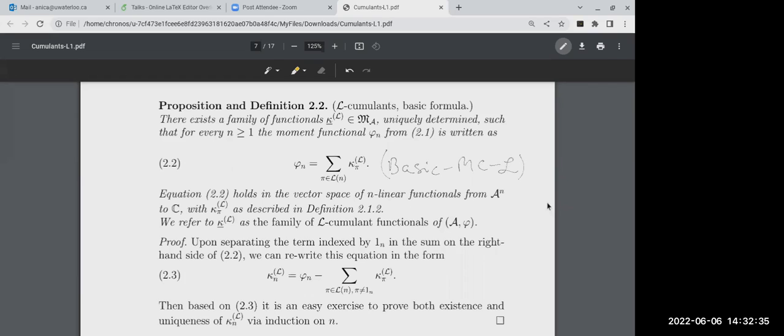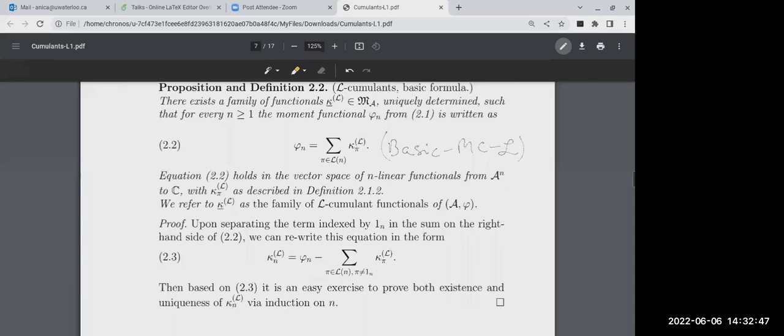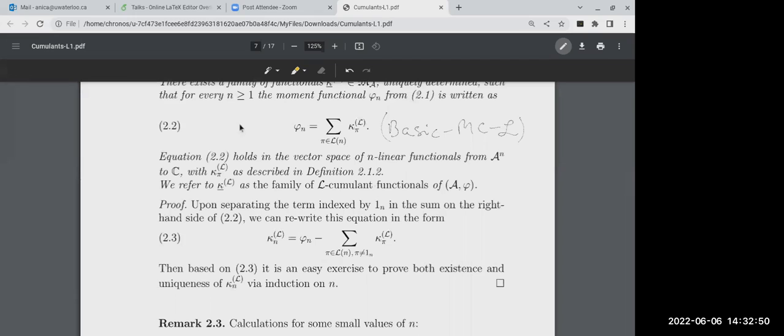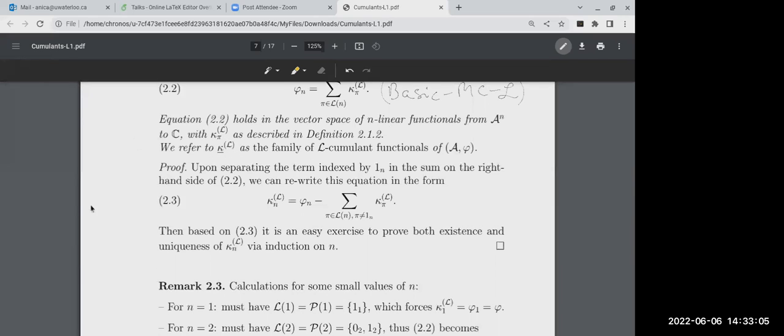This is also a proposition, because it asserts that such a K superscript L exists and is unique. The proof is immediate: L of n contains the partition 1n, and if you separate that term, it is exactly K n.